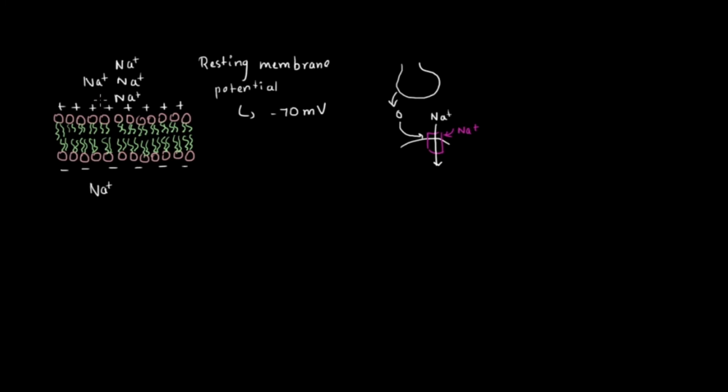Now you can see if the sodium ions move inside the cell, then the membrane potential would change. So if we plot this whole thing in a graph, let's say this is the y-axis and this is the x-axis, and we are going to plot the y-axis to be the voltage in millivolts and the x-axis to be the time.